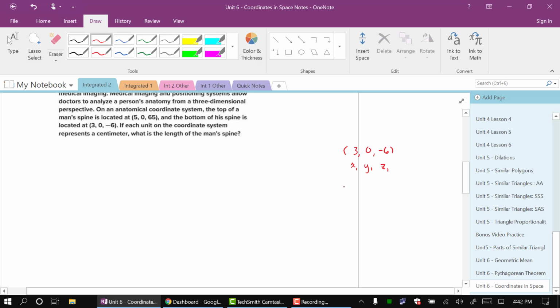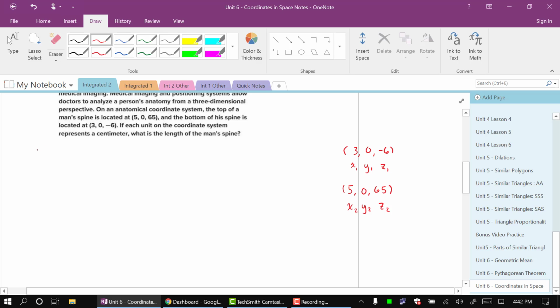And then our second pair of coordinates is 5, 0, and 65. This is going to be my x2. This is going to be my y2. And this is going to be my z2.